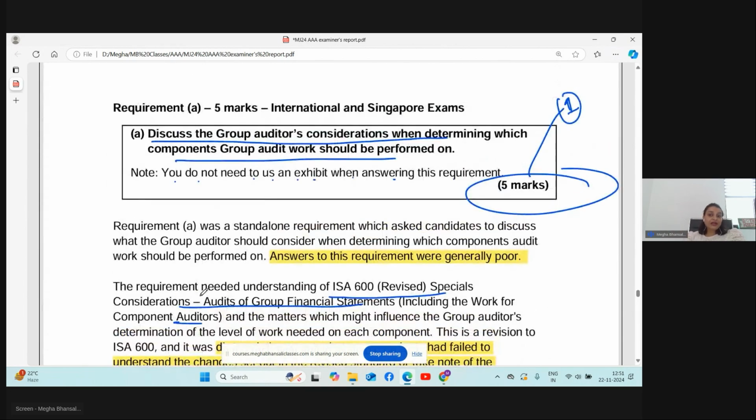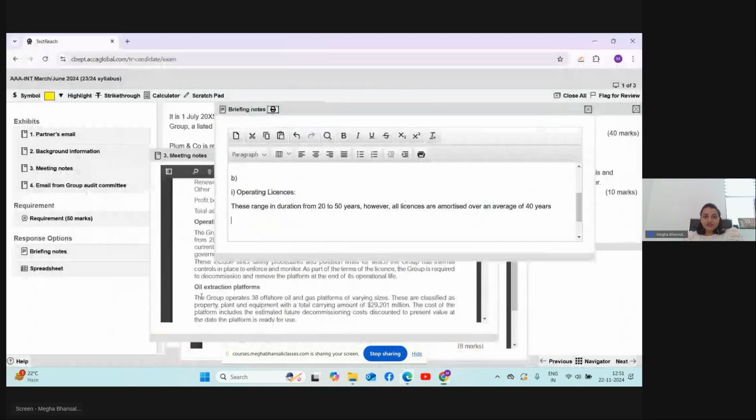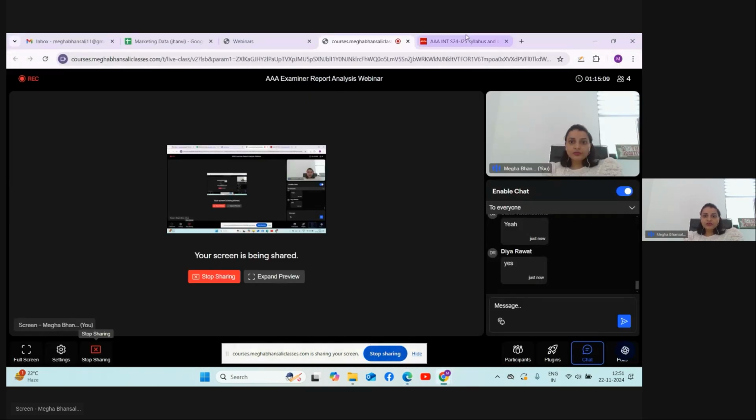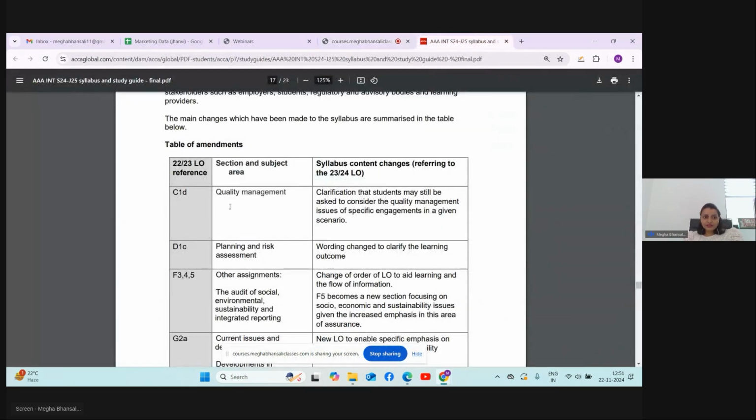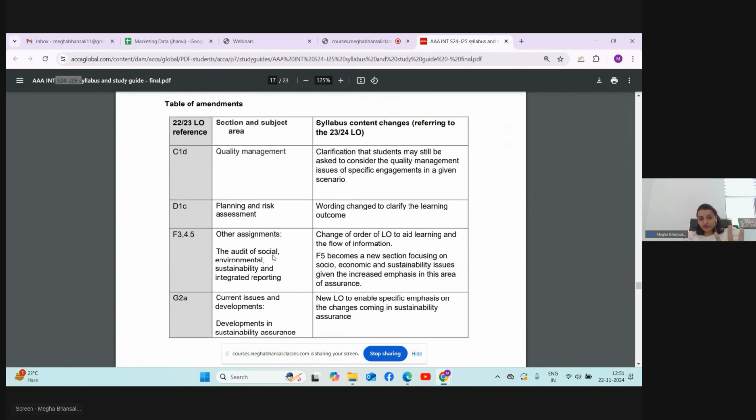That's why this had been asked. So now how do you take care of these theory questions? The best way is to look at the syllabus change documents. There is this document given by ACCA, the syllabus and study guide, from September 24 to June 25. If you look at this syllabus, the changes have been highlighted. There are just four changes.